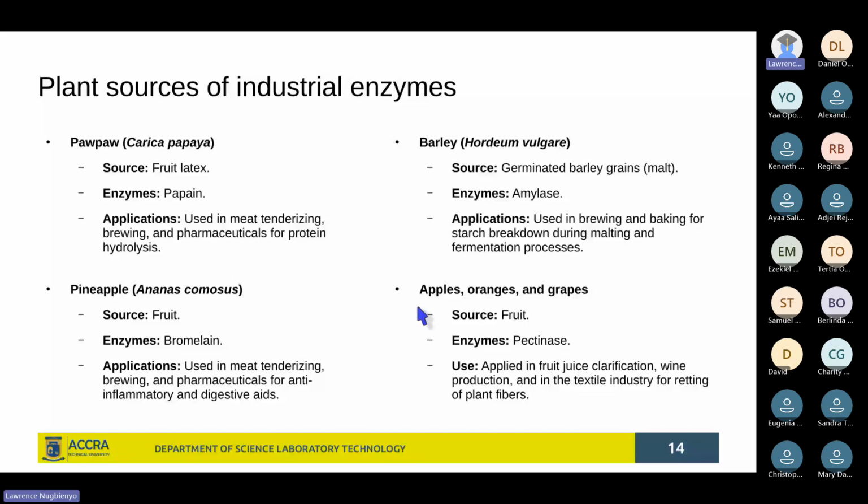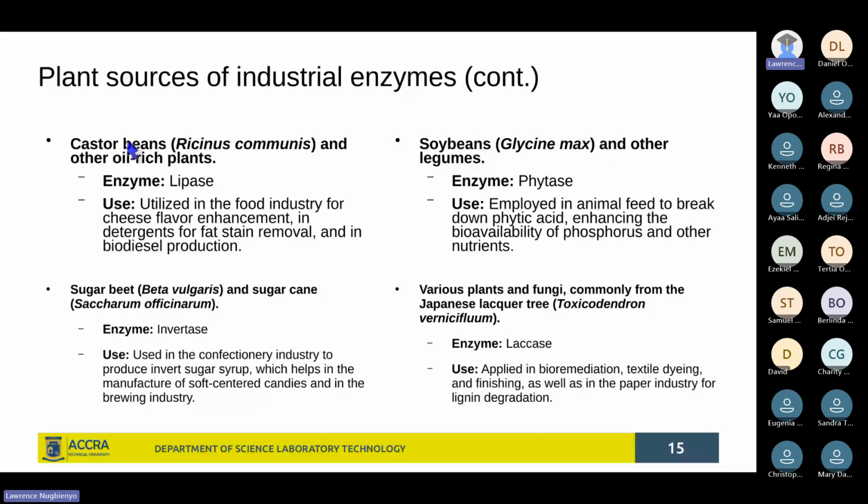More plants: the castor bean, Ricinus communis, has lipase. Of course, many of these plants have lots of lipases because, as you remember, both plant and animal cells have a bilipid layer in the cell membrane.